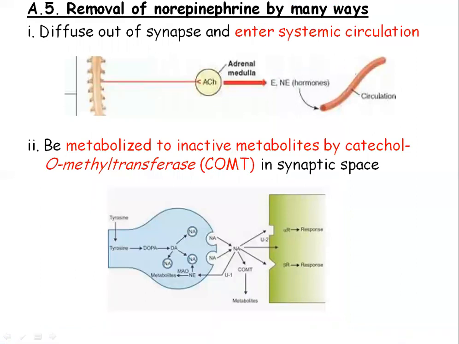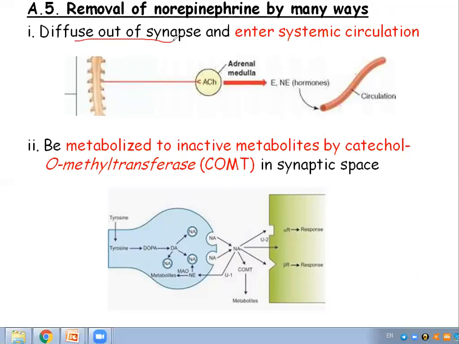Now, step number 5 requires the removal of the norepinephrine by many ways. This is a third fate, if you want. The first two fates were the binding of the norepinephrine to its postsynaptic receptor, and the binding to the presynaptic receptor. Now the third fate is its diffusion out of the synapse.